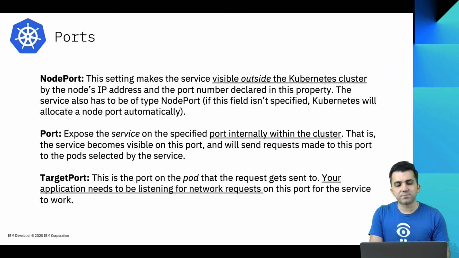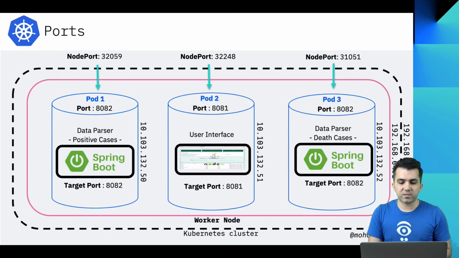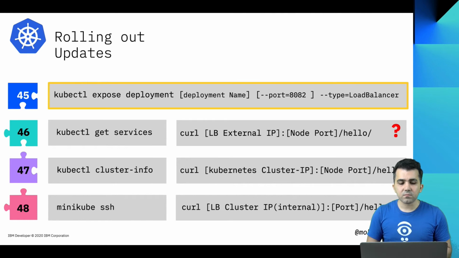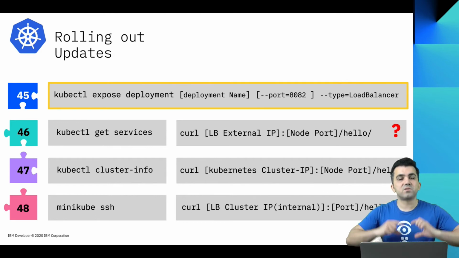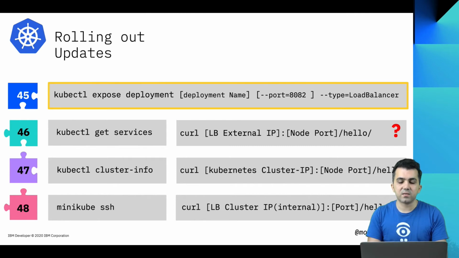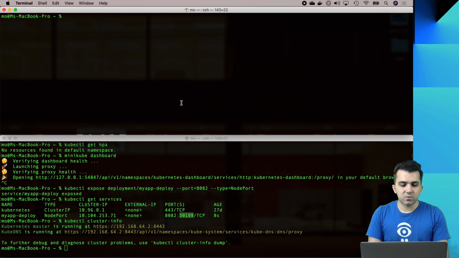But before that, let's try a few things. We are going to use the load balancer, which gives us one layer higher, the external IP address to access the application. So I'm going to delete my service.